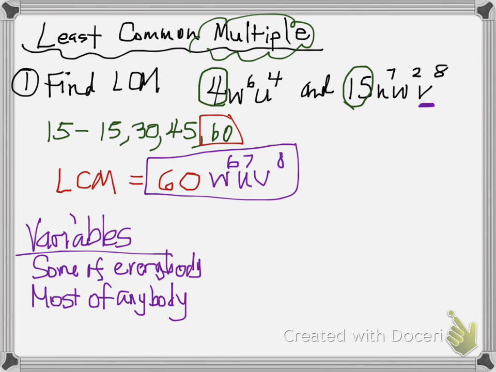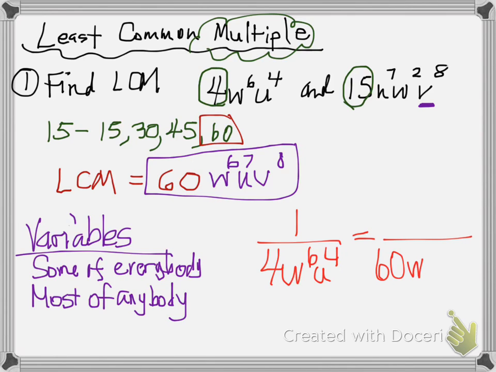So the question is, eventually, Jorge, this is what you're going to have to do: could I take, let's say this was a fraction, 1 over 4w to the 6, u to the 4th, and rewrite it so that it had 60 w to the 6th, u to the 7th, v to the 8th? That's what you're eventually going to be doing. Is that possible? Yes. It's a multiple with multiplication.